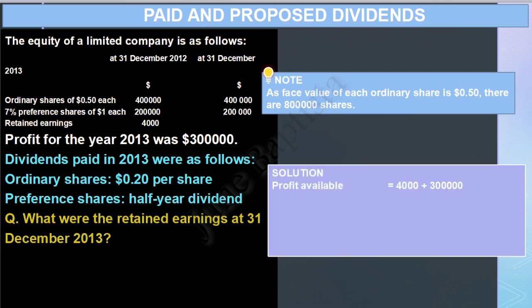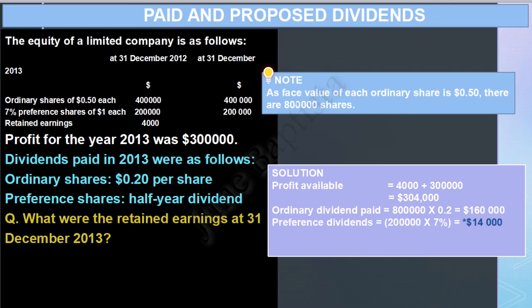Solution: profit available is equal to $4,000 retained earnings at the start of this financial year plus $300,000 profit for the year, which is equal to $304,000. Ordinary dividend paid is equal to 800,000 times 20 cents, which is equal to $160,000.